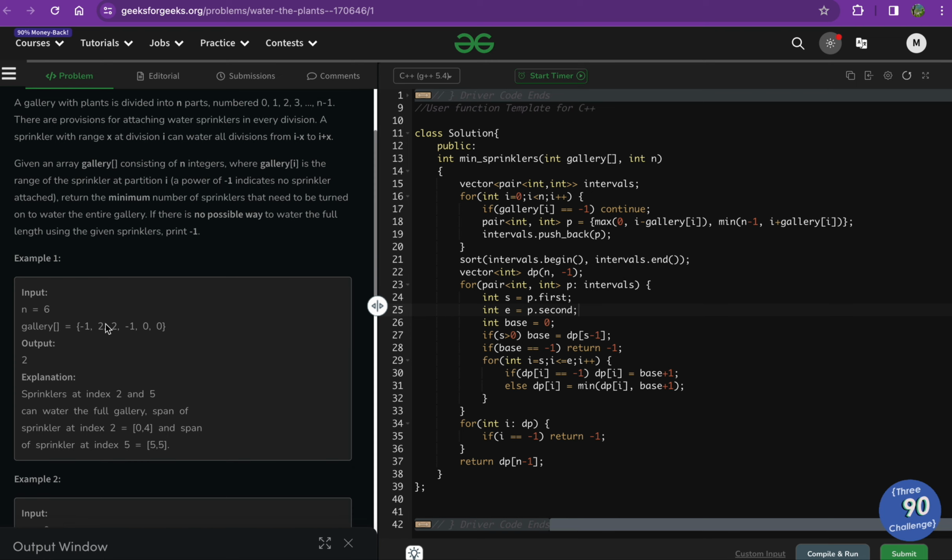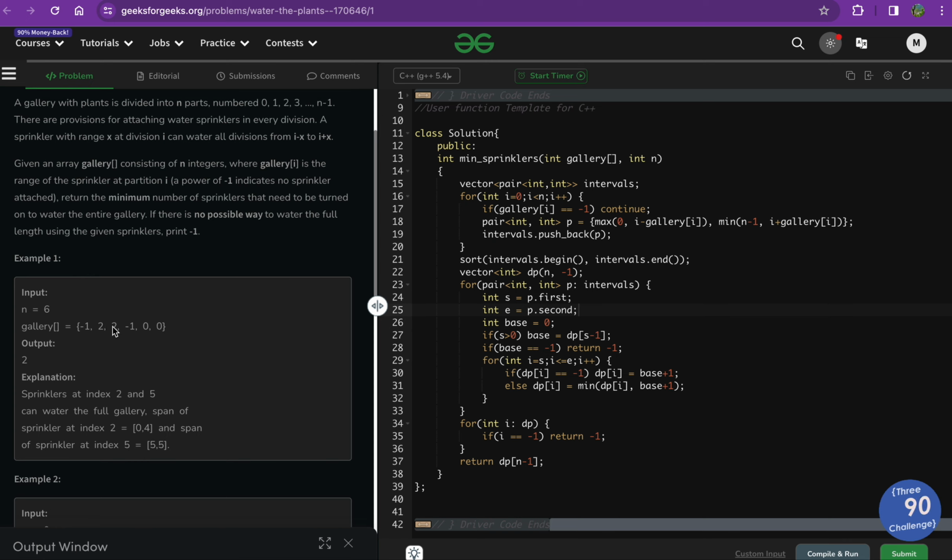If it is 2, we can say that the sprinkler at index 1 will water from index -1, well, from index 0 because -1 is not there, till index 3, that is 1 plus 2.